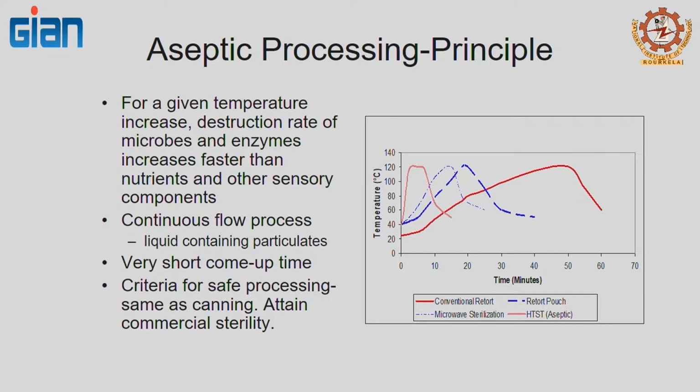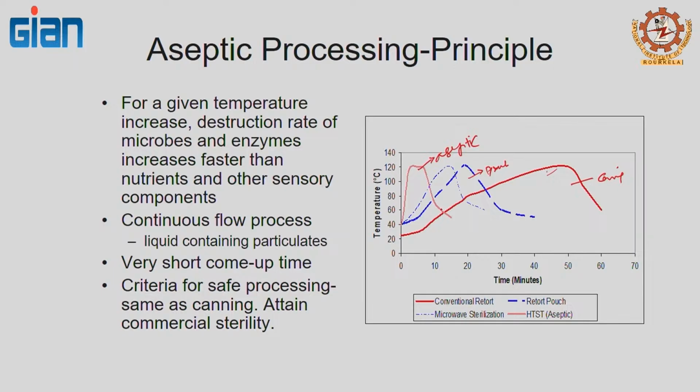So if you compare, this is the traditional canning method, whereas here, this is a retort pouch, and then this is your HTST, your aseptic. So you're going to have a much shorter come-up time to reach the target temperature.